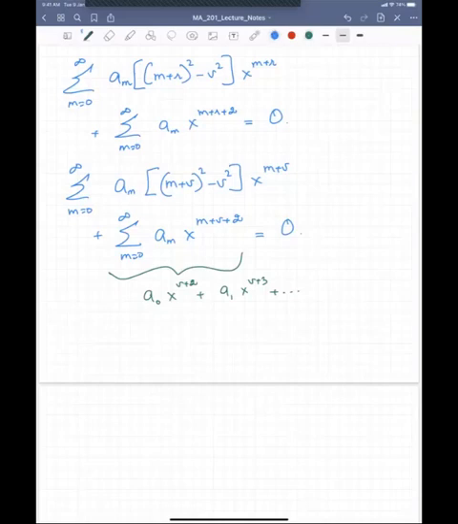So if I do a change m to m minus 2, what I have here, I'll stick with green, is a_(m minus 2) x to the m plus nu.